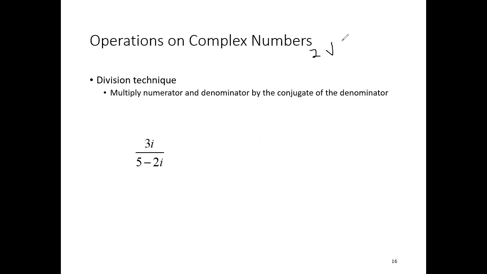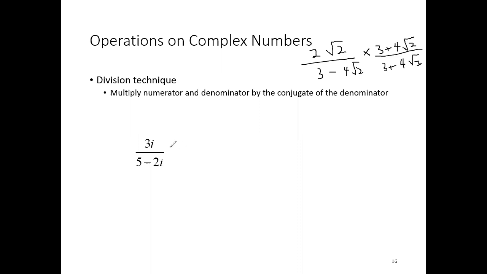So when you have a surd like 2 root 2 over, say, 3 minus 4 root 2, what we do is multiply the numerator by the conjugate of the denominator, which is 3 plus 4 root 2, over 3 plus 4 root 2. Then you go about your multiplication.